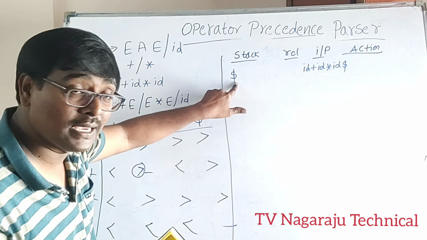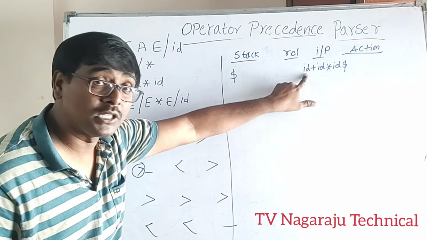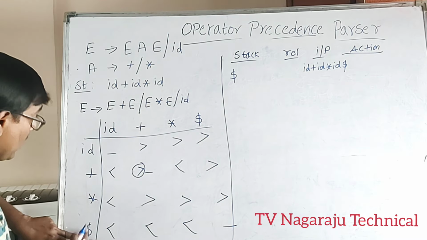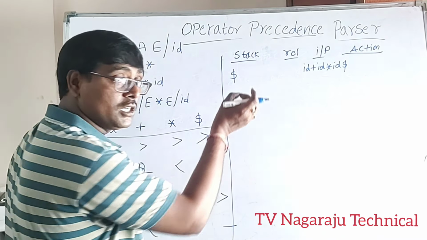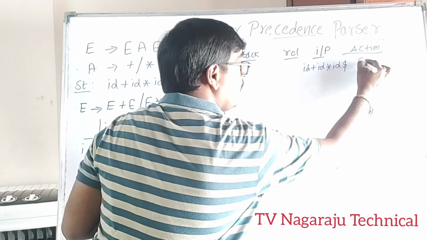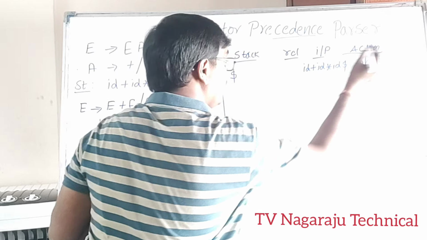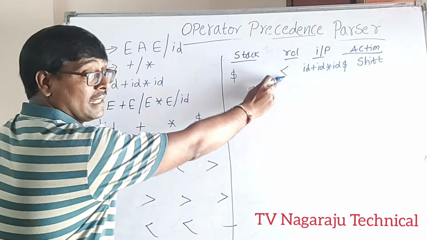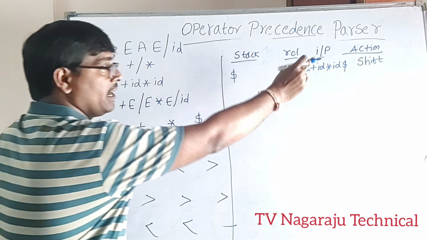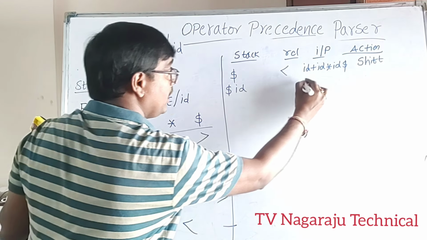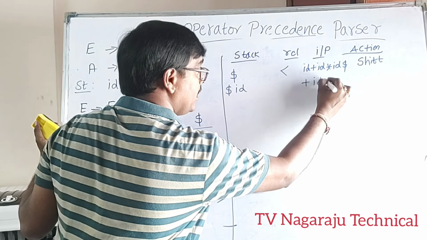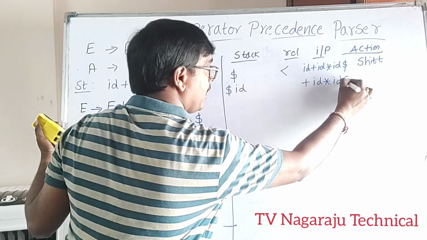Here, the top of the stack is dollar, and the first input symbol is ID. Check: dollar has less priority than ID. If the top of the stack has less priority, then we do a shift operation. Dollar is less than ID, so we do a shift operation. Now the stack is dollar ID, and the input is plus ID star ID dollar.